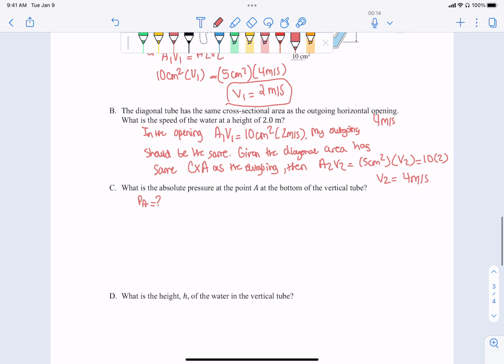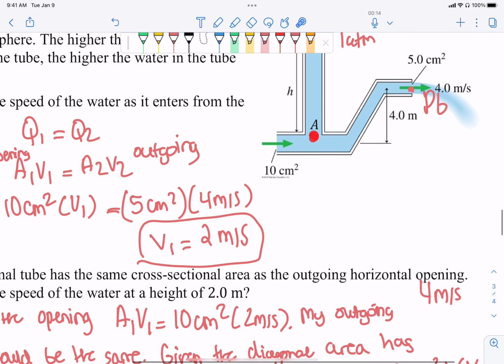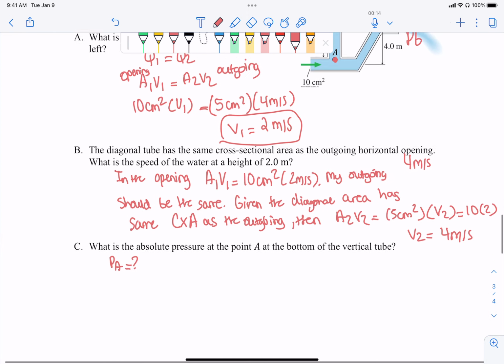So what equation can we use to relate the pressure at point A to the atmospheric pressure at point B, also factoring in that there's a pressure change because the cross-sectional area is changing? The one with the velocities, yep.